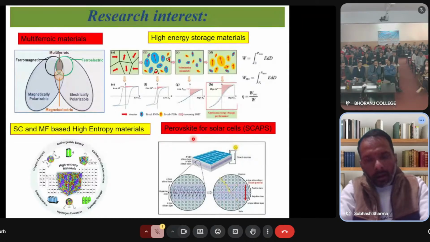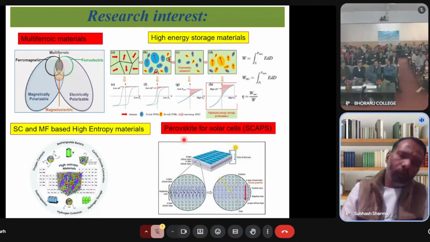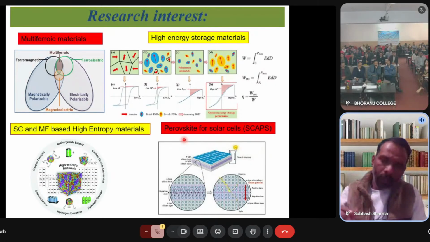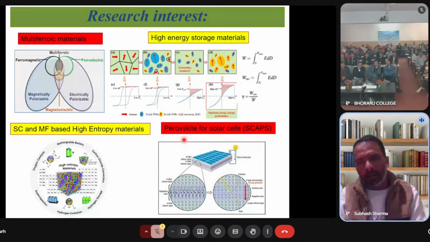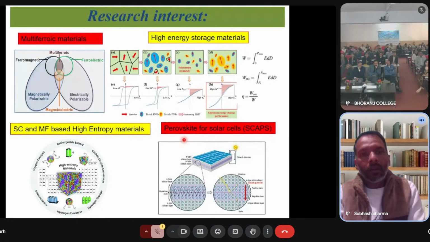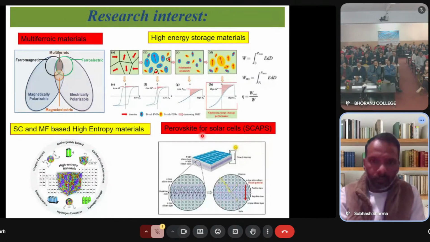Also, my group is doing some simulation using SCAPS for perovskite solar cells, in order to optimize how much thickness we need for the absorber, HTL, hole transport layer, and ETL, and what kind of materials we can join to improve the efficiency of the solar cell. So basically, we are working on 4 lines with my students.